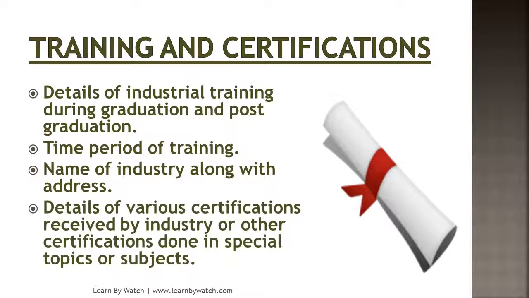Then details of certification, because you are doing training in some topic, so the certificate gives information about the topic you have done training in. So write details of your certification which you have received from the industry. Okay, so in this way cover this section.